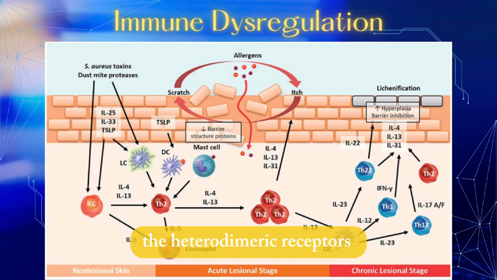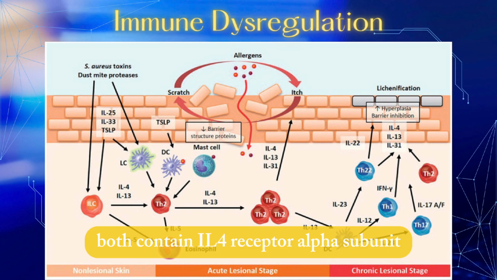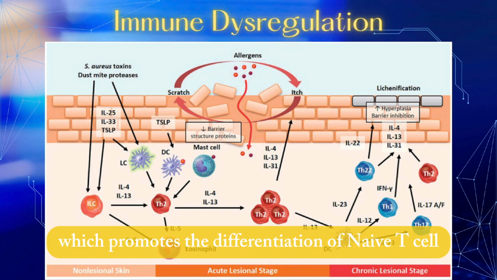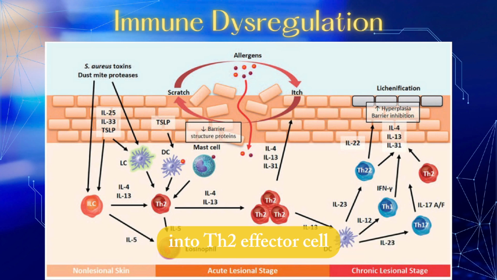The heterodimeric receptors for interleukin-4 and interleukin-13 both contain the interleukin-4 receptor alpha subunit, and activate signal transducer and activator of transcription, which promotes the differentiation of naive T cells into Th2 effector cells.